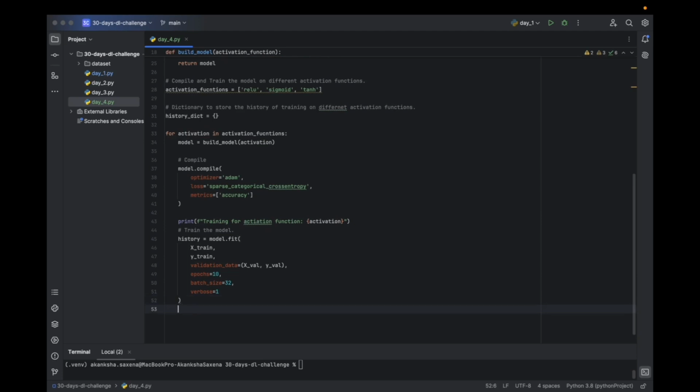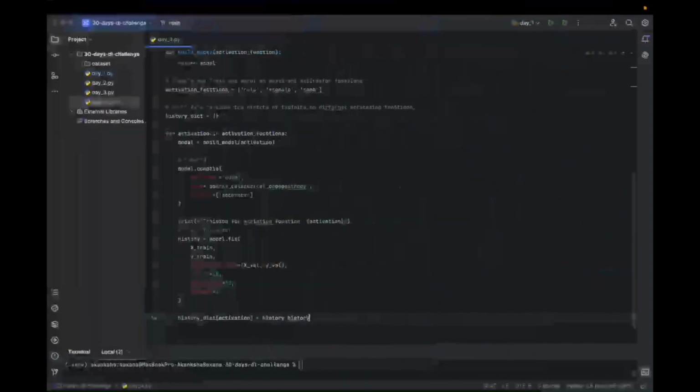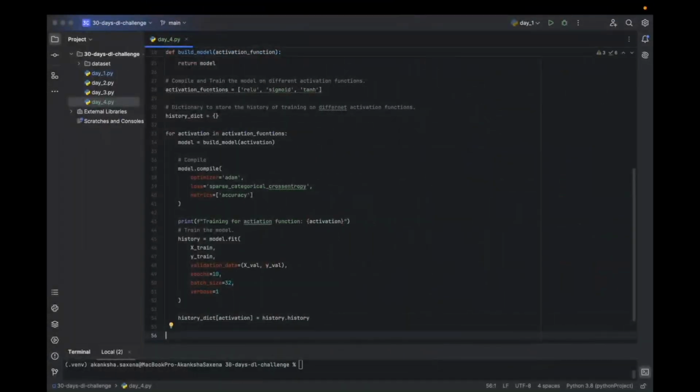Once done, we are going to store this in the dictionary called history dictionary. The history of our model, history dot history. Done.